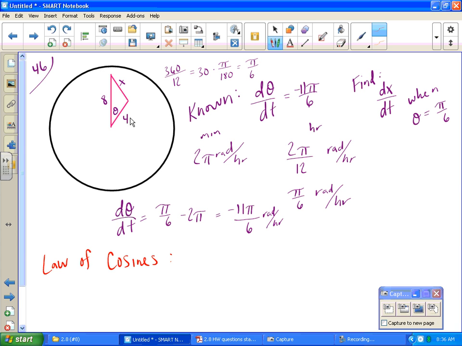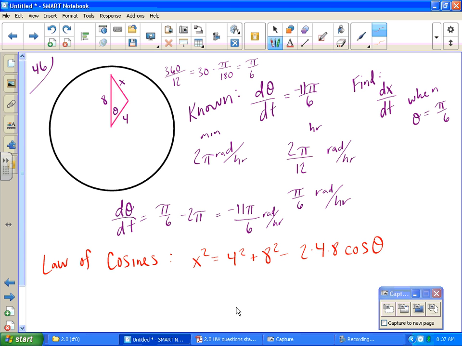This is the angle, this is the side, so I'm going to start with x squared equals 4 squared plus 8 squared. It starts out looking like the Pythagorean theorem here. And then you subtract 2 times the 4 and 8, so 2 times 4 times 8, and then cosine of the angle that's opposite of x, which is theta.